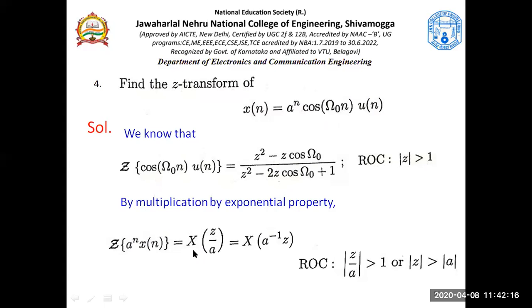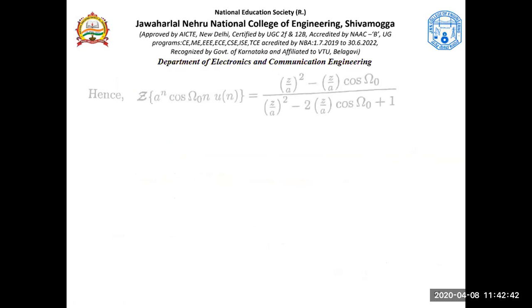What you have to do is, instead of the Z transform being X of z, it would be X of z by A. So instead of having z's in the final answer, have z by A, and your ROC was z greater than 1. Instead of z greater than 1, for this you have z by A greater than 1, which means z is greater than A. So this A would be taken here. After you substitute z by A, this is how it is going to look.